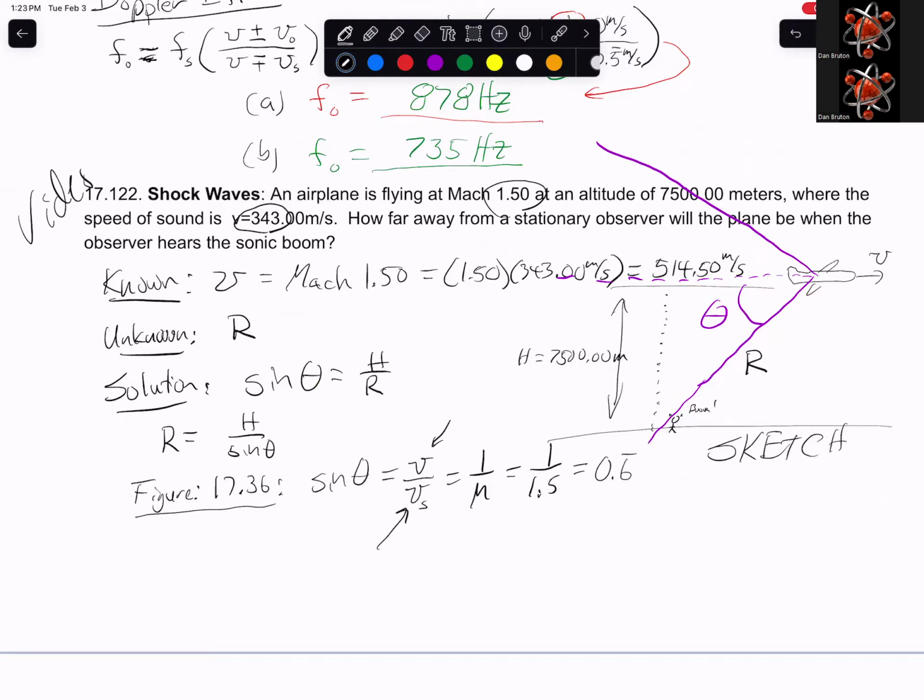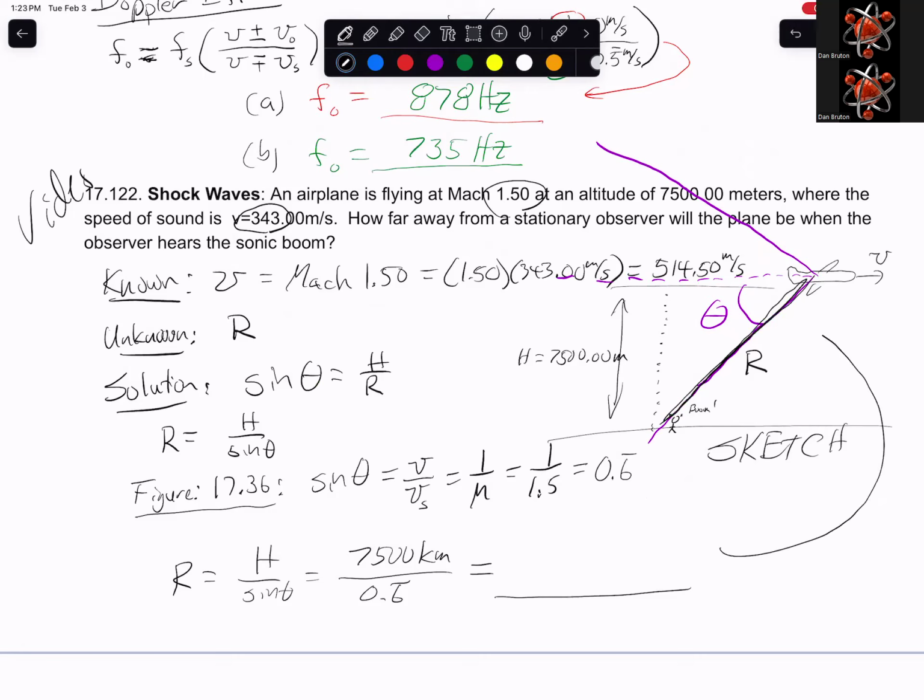Okay, and so then if you plug that back into the value of r, you have h over the sine of theta equals the 7,500 kilometers over 0.6 repeating. This is going to tell you what that radial distance is in the diagram.